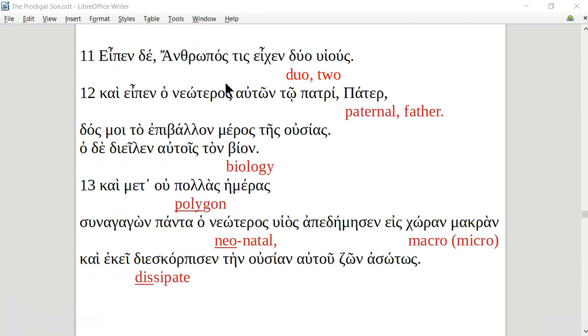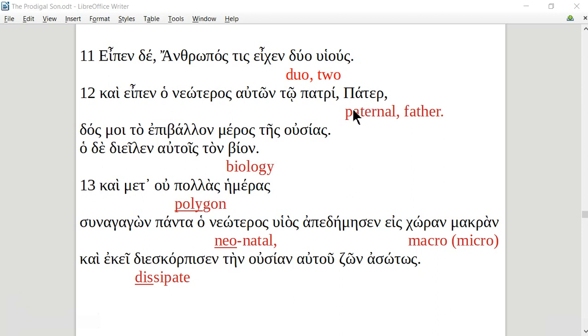Okay, now our third pass through, and we look at some English words related to these Greek words. Duo, and two. I talked about these words, I think, in the parable of the Good Samaritan. Pater, and from this we get two words.